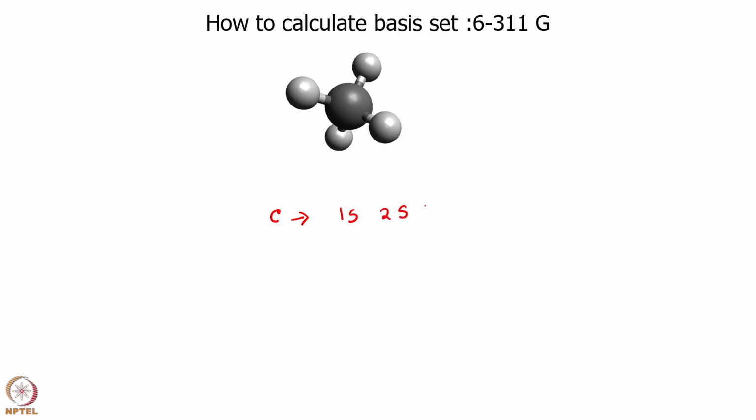For the 2s I will have 3 of them: 2s, 2s dash, 2s double dash, and the same thing will be for the p also: 2p, 2p dash, 2p double dash. So, let us first calculate the STOs for carbon.